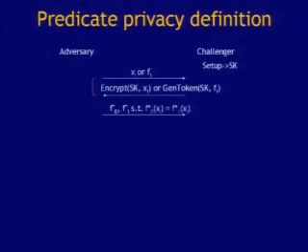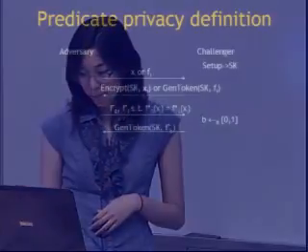And then when the adversary wants to be challenged, it'll output two predicates, f*0 and f*1, that it thinks it can distinguish between. And this is subject to the restriction that these two predicates have to have the same value on all of the plaintexts that were queried so far.